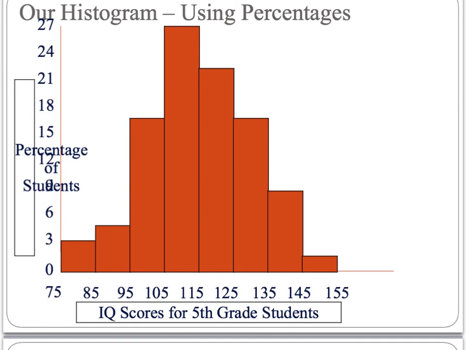The height is roughly the same for the bars in our histogram. The classes are exactly the same in our histogram. And so how I could read this one is if I'm looking at, let's say, this first class, I would say roughly 3% of the 60 students scored within 75 to 85 on their IQ test.